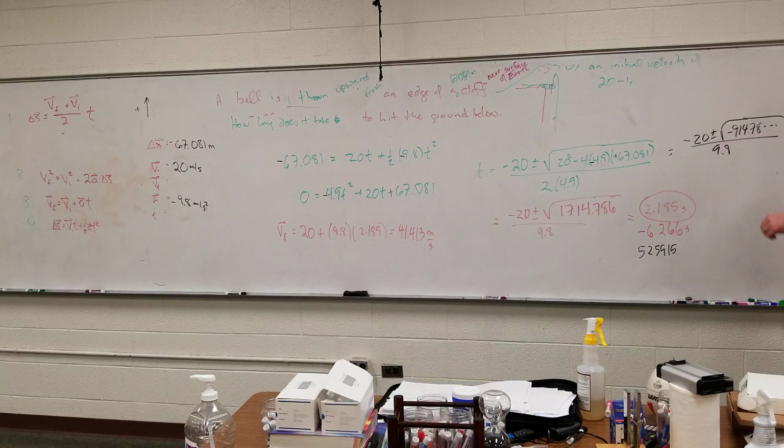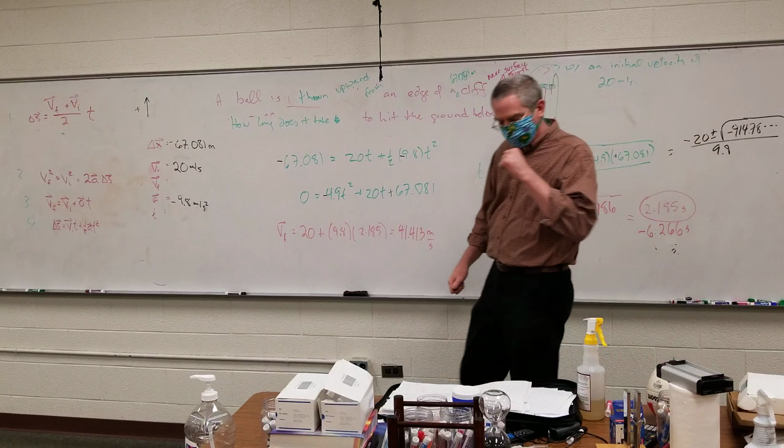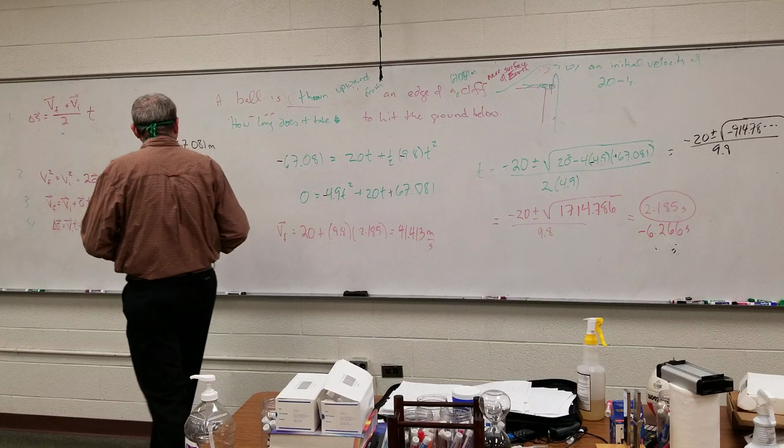I'm curious as to why this isn't possible, that we have a final velocity that's faster than our initial, because even though we threw it up, it's going to take more time to reach the ground.